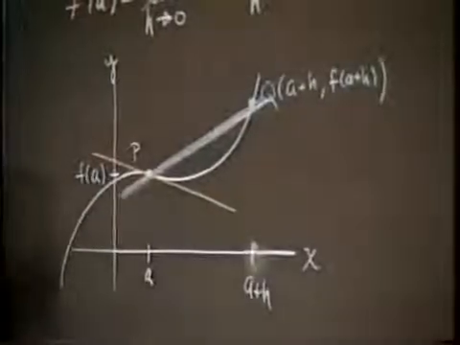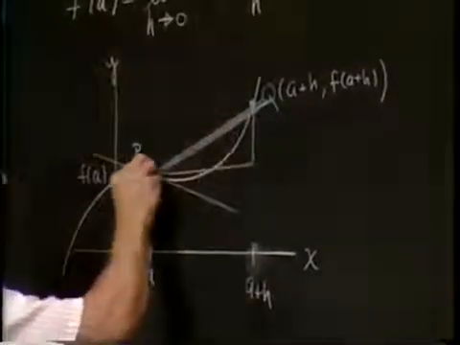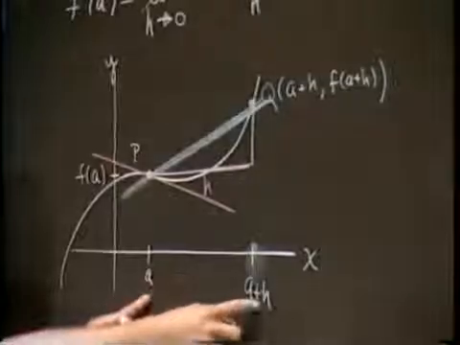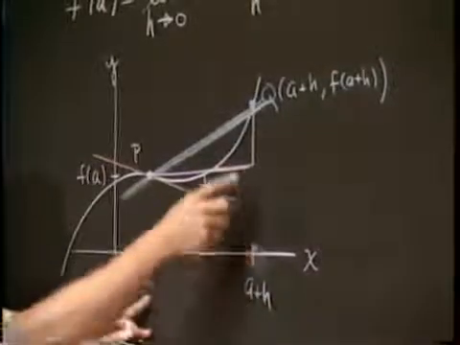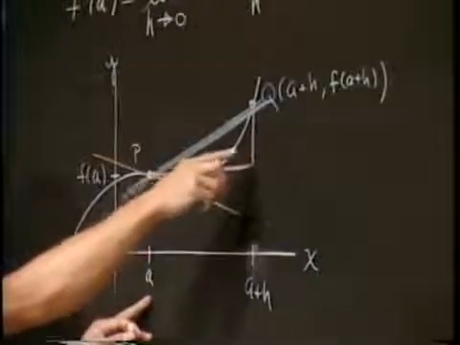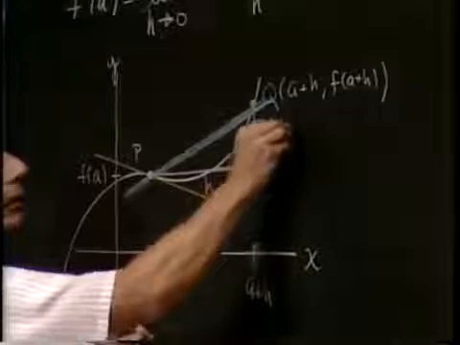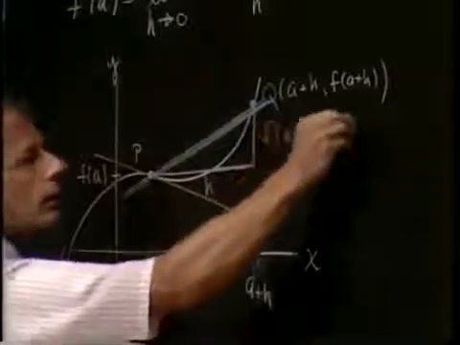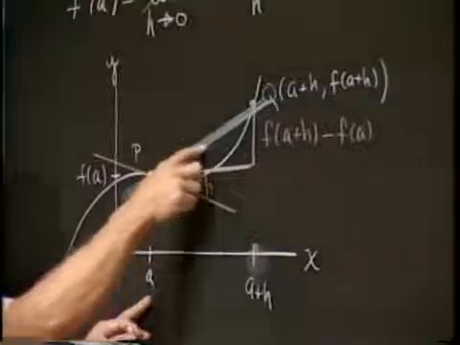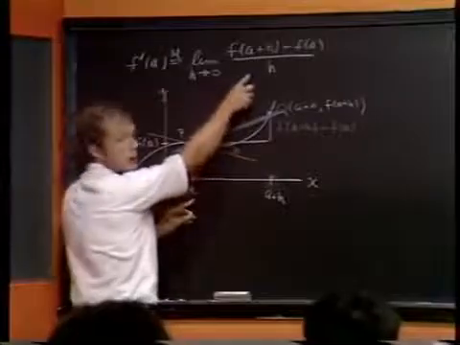And then when we compute rise over run, the run is simply h units going from a to a plus h. The rise is the difference in the y coordinates, from f of a to f of a plus h. So rise over run, the slope of the blue line, is exactly what you see up here inside the limit sign.